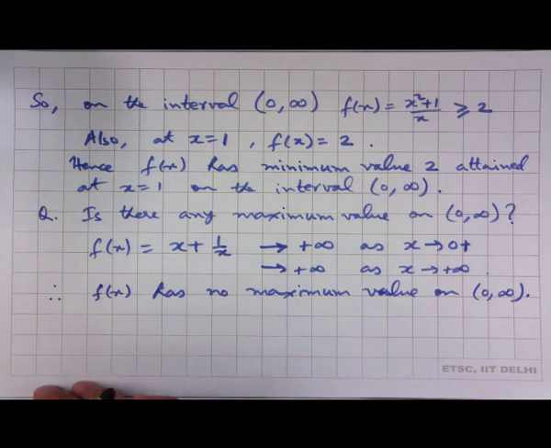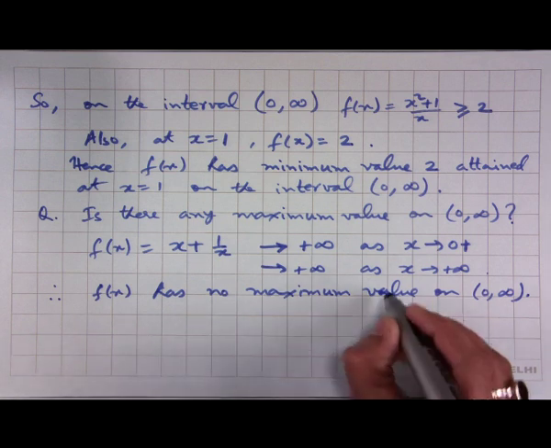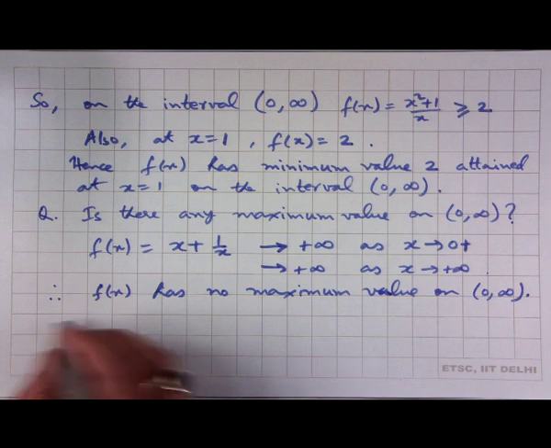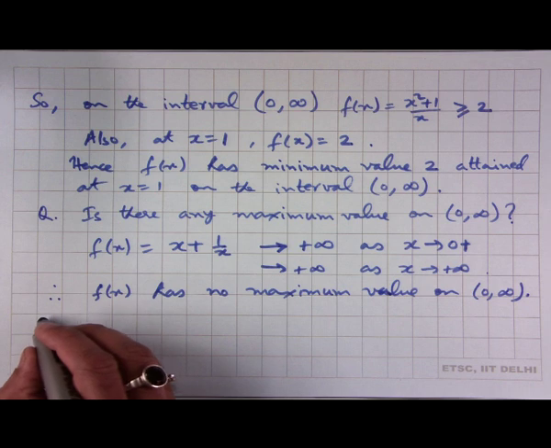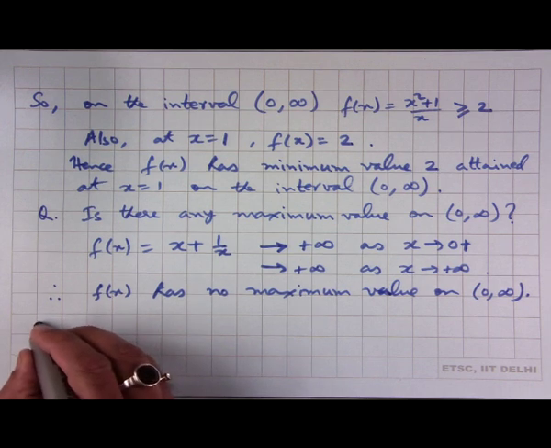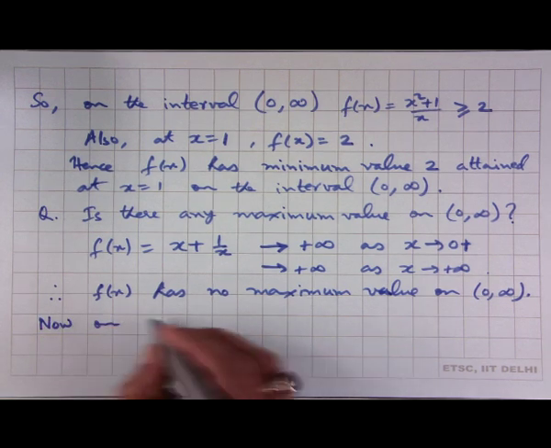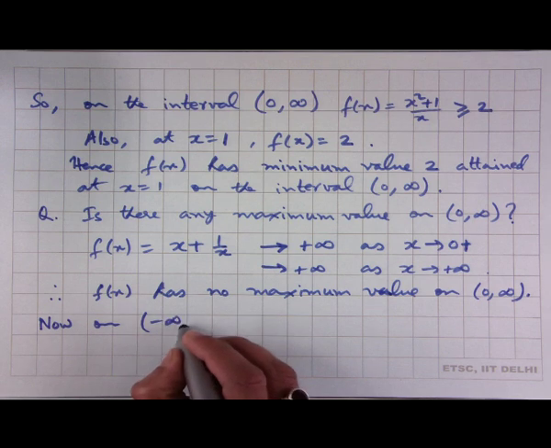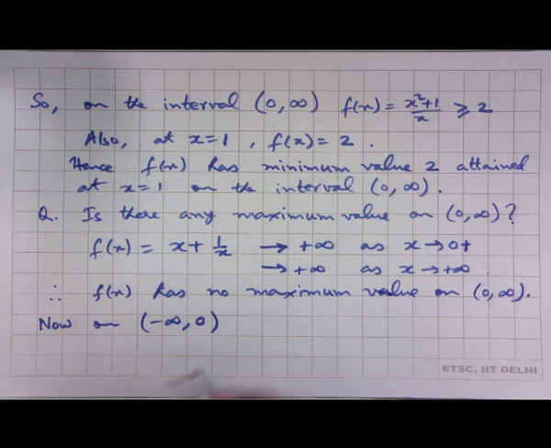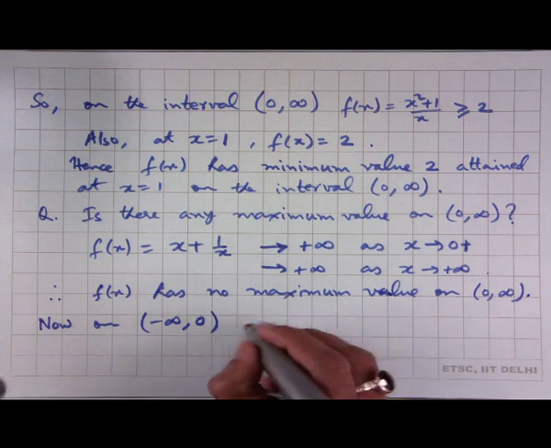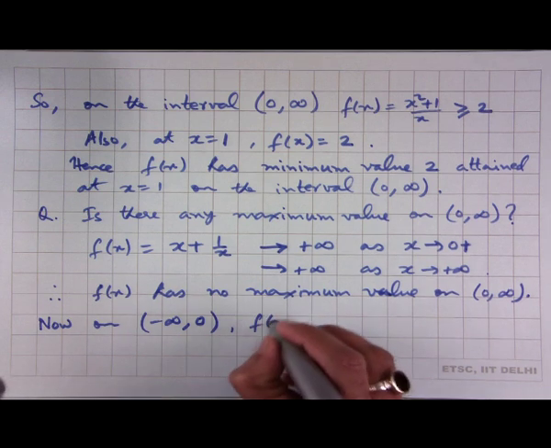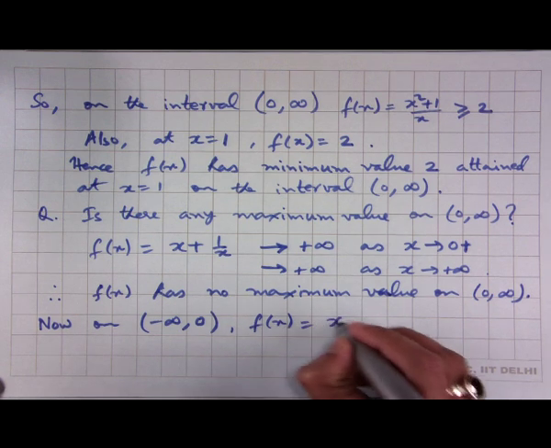Now, on the interval minus infinity to 0, we have f of x equal to again x plus 1 by x.